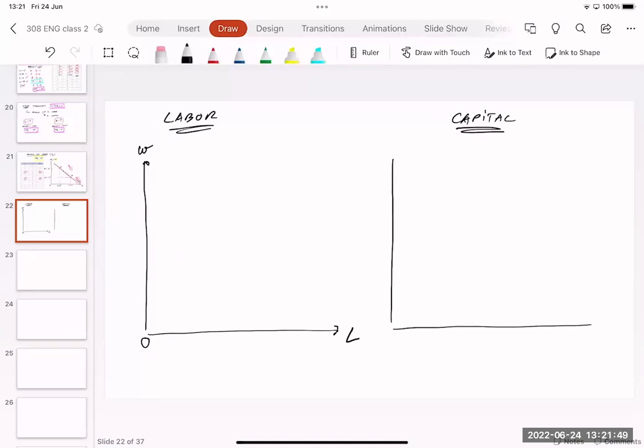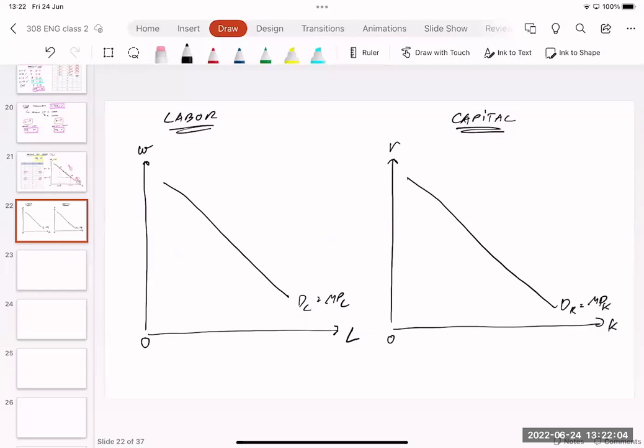For capital, the horizontal axis is K, and the vertical axis is the real rental rate. Demand for labor goes down like this, coming from MPL. Demand for capital goes down like this, coming from MPK. Both of them always have a negative slope.